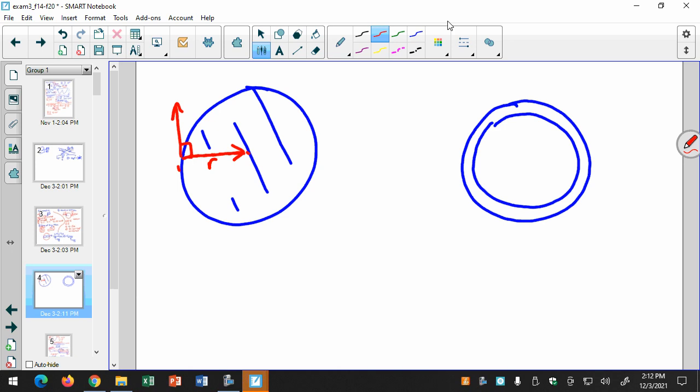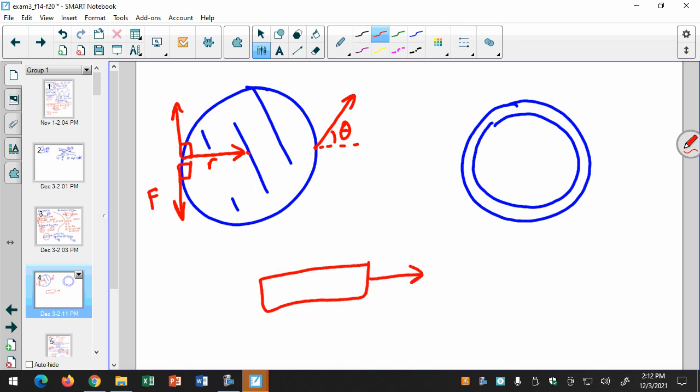But also, similarly, if I have a force that's down like this, that would also be an angle of 90 degrees. If I have an angle that's like this, then this is the angle that I'm concerned about. Okay. I'll label it. Okay? On a bar, if I have a force that's like this, that is a 0 degree angle, which means no torque.